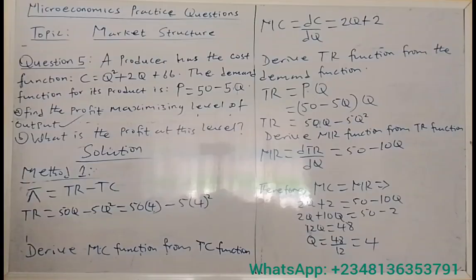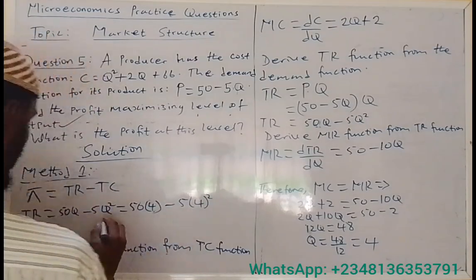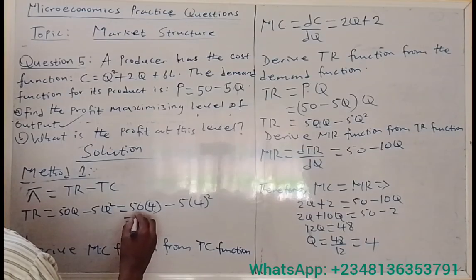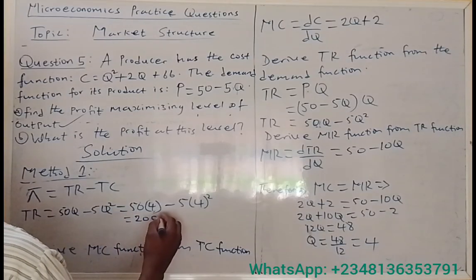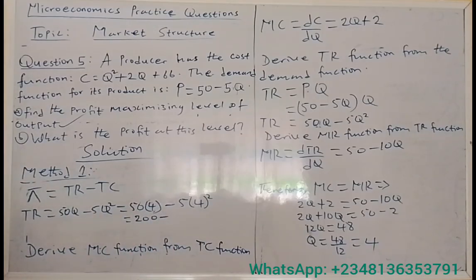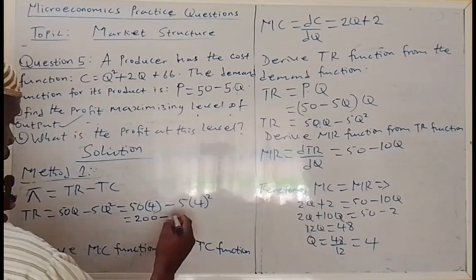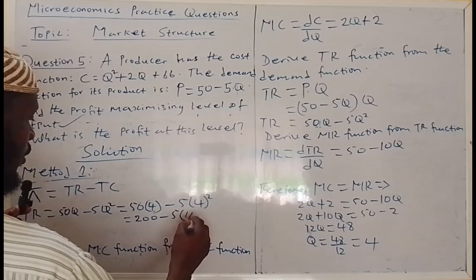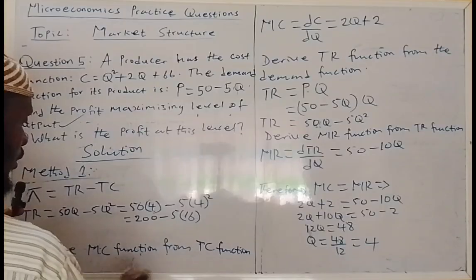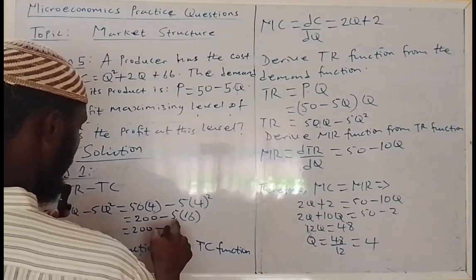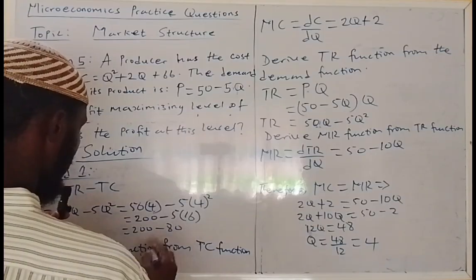Now the value for this one will be 50 times 4, that is 200. Then we have minus 5 times 4 squared. 4 squared is 16. So that is 200 minus 5 times 16, that is 80.